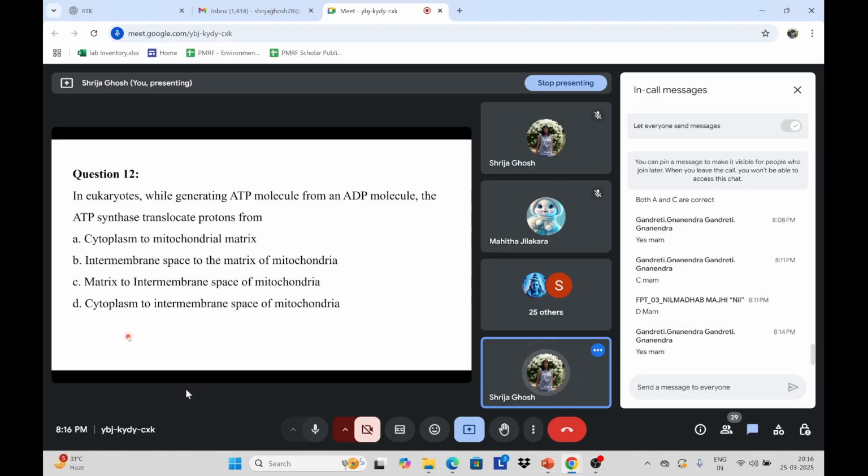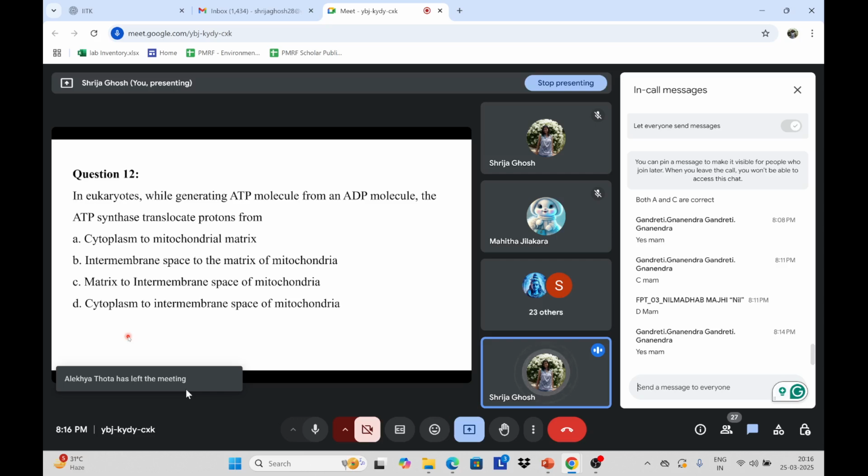What would be the correct answer? Write the answer in the chat box. What will be the correct answer?